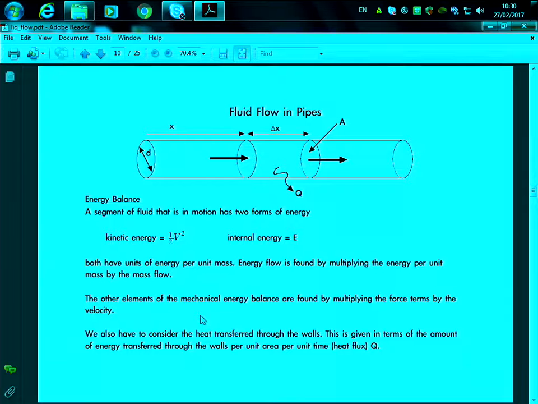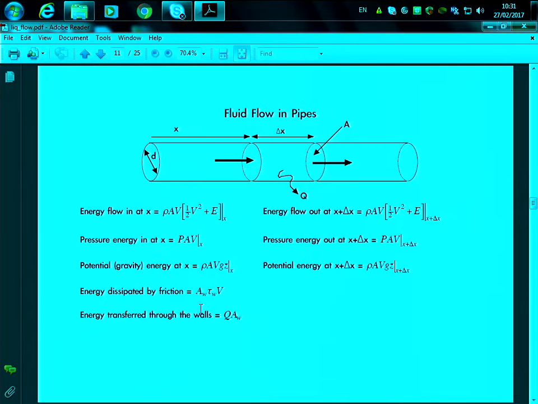So the energy flow at X will be the mass times the velocity that is coming in the system and the internal energy that the fluid has. Okay, so that's the energy that we have at X. The pressure energy at X will be the pressure times the area and velocity here.